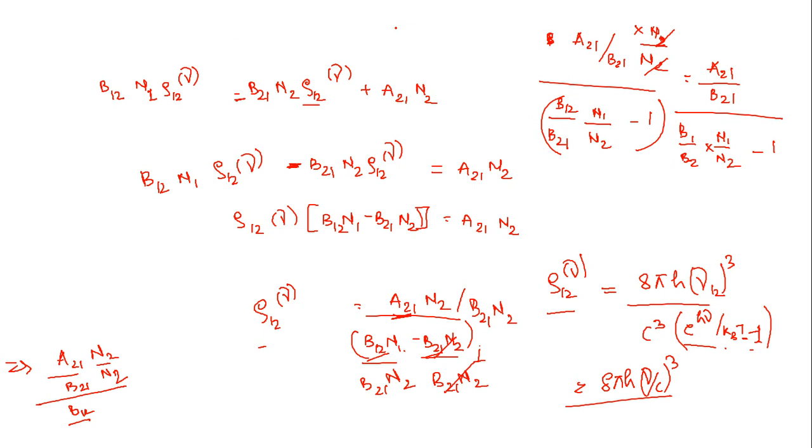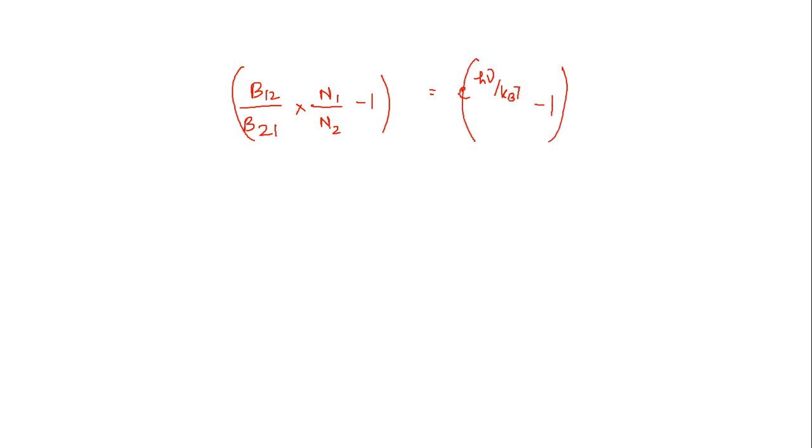B12 by B21, now I am only considering the denominator, into N1 by N2 minus 1 is equal to e to the power h nu by kBT minus 1. Now, as you know, this N1 by N2 from that Boltzmann rule is equal to e to the power h nu by kBT.